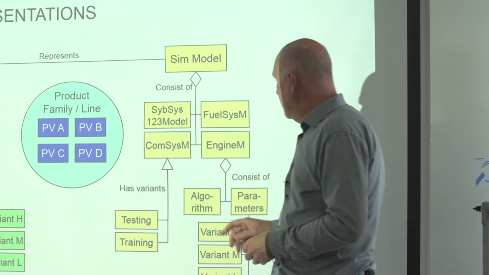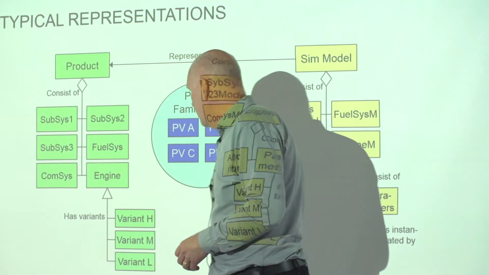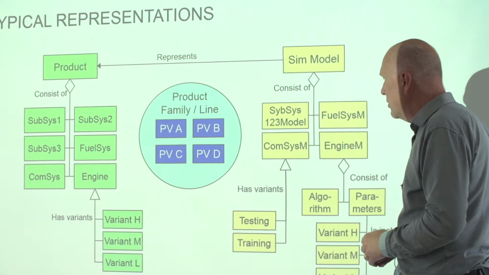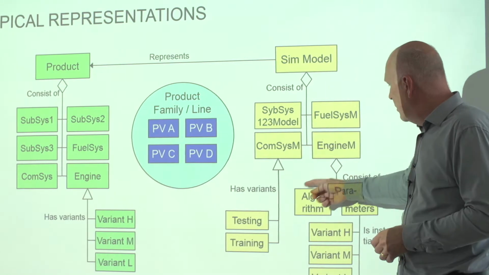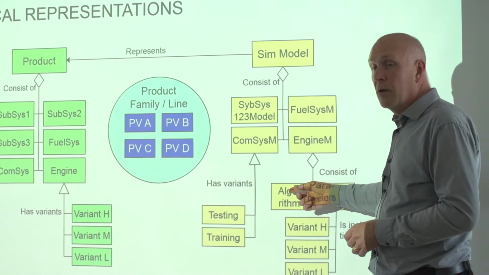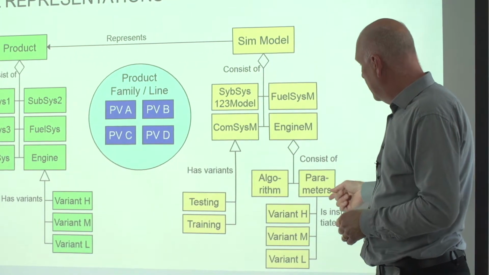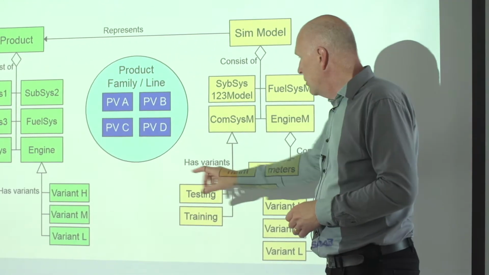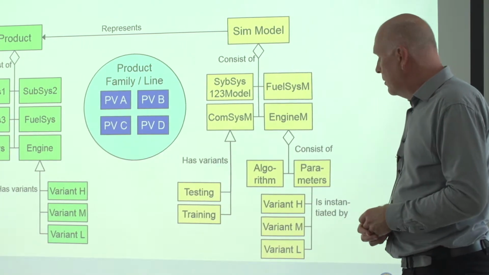And also some models are parametric. Here we had the engine itself and 3 variants, but there is an algorithm part that is common for all the variants, and we have a parameter set that we use to simulate these 3 variants of the engine.